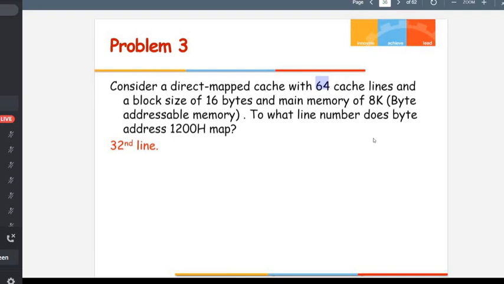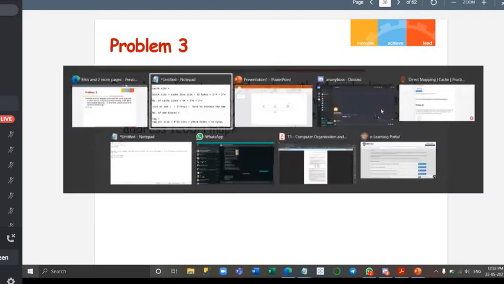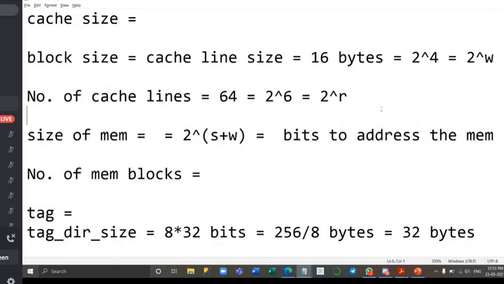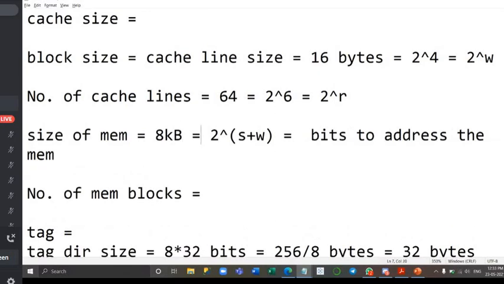And a main memory of 8 kilobytes. They are specifying it's a byte addressable memory, not a word addressable memory. Main memory is 8 KB. Now 8 KB can be written as 2 to the power 3 into 2 to the power 10, that is 2 to the power 13.